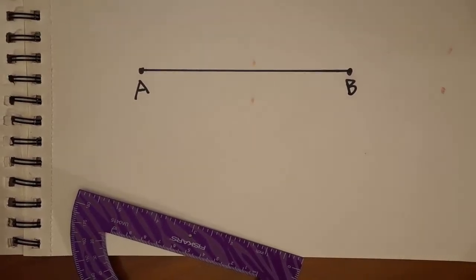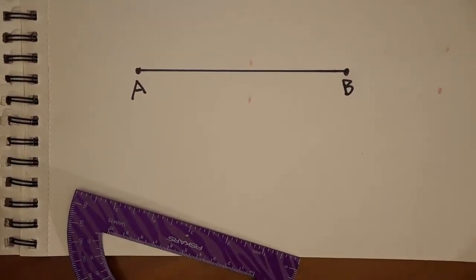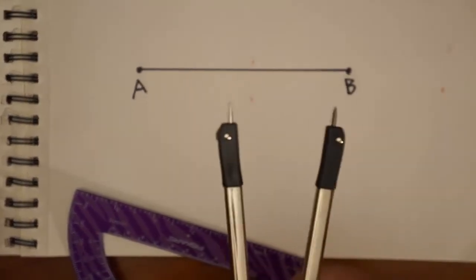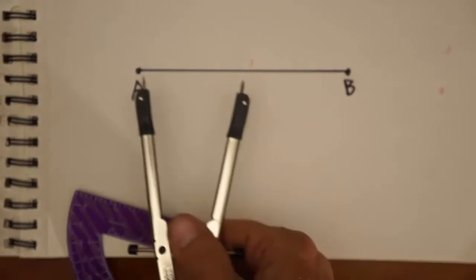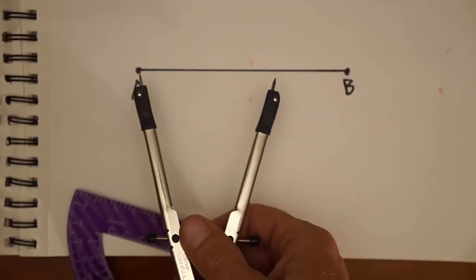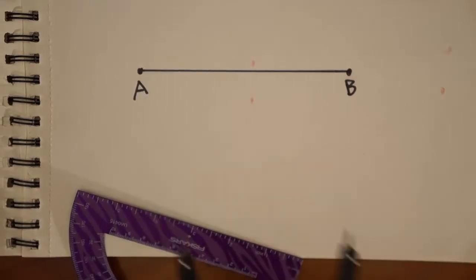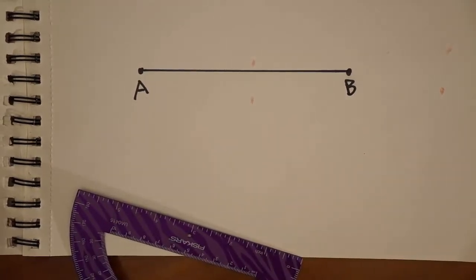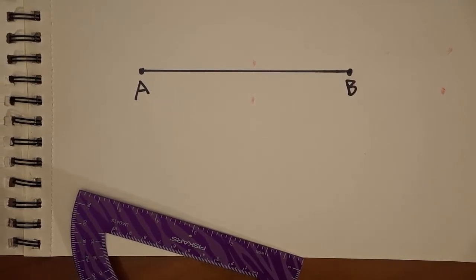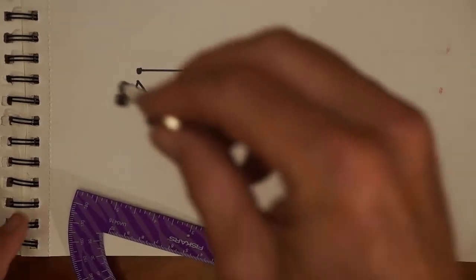What we're going to do first is take our compass and open up the gap so that it's visibly more than halfway between A and B. And then we're going to create two arcs that intersect both above and below the line segment.